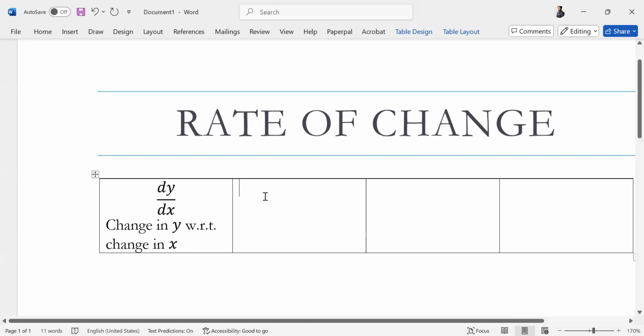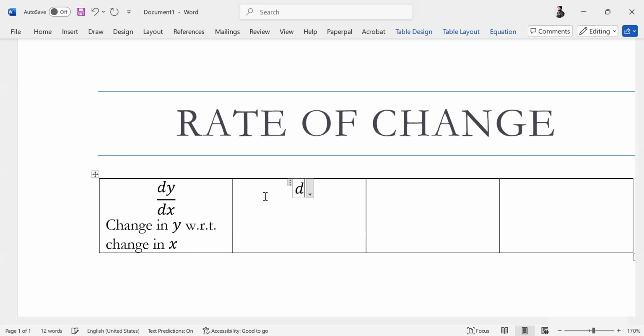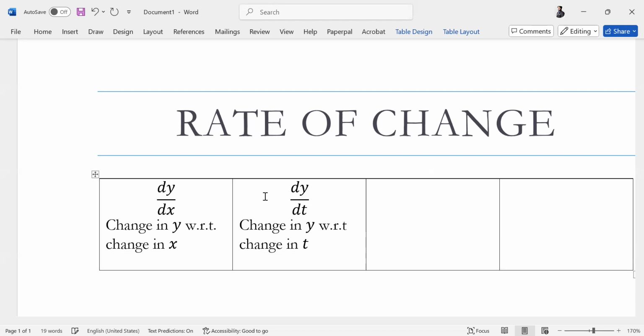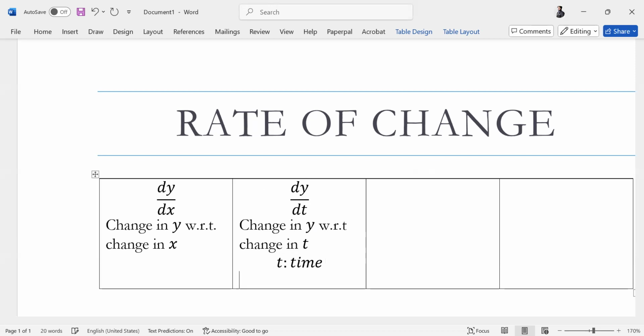इसी तरह if I write another, dy by dt. Now what is this? This is change in y with respect to change in t. Now what if I tell you that t is a variable that is representing time? In this case, what else can you call it?